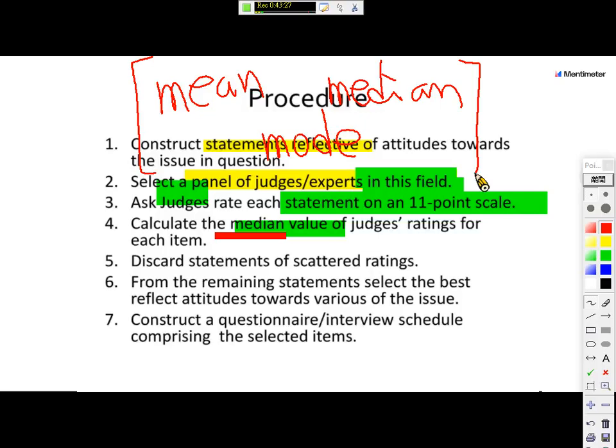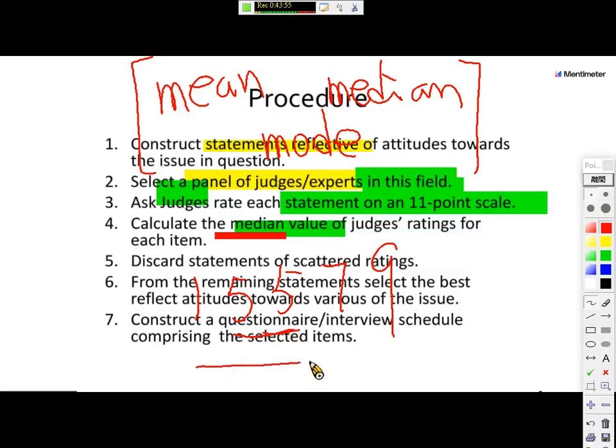For example, if we have several answers: 1, 5, 5, 7, 9. What would be the median for this one? The median is the central point of all the answers. It would be 5, okay? But it is a little bit different from the average.